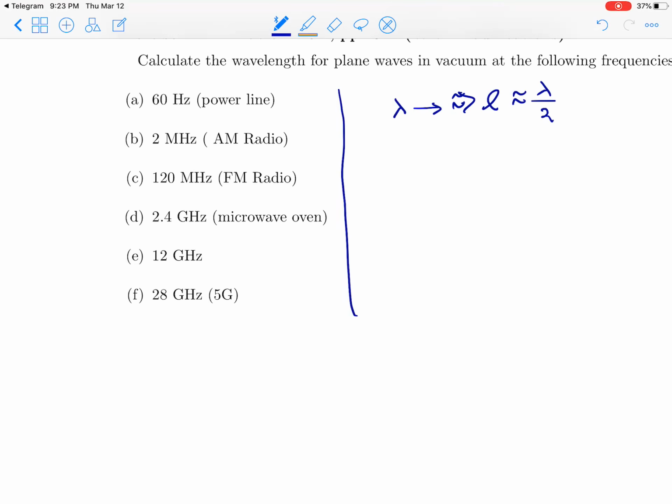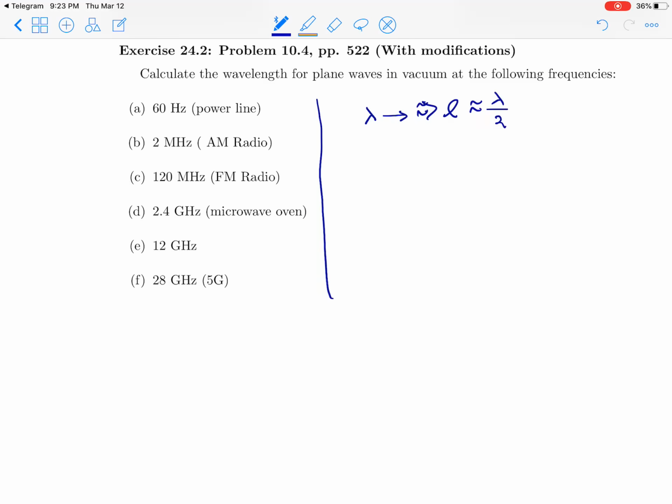So let's find the wavelength for a 60 Hertz transmission line. We assume that it operates in free space.